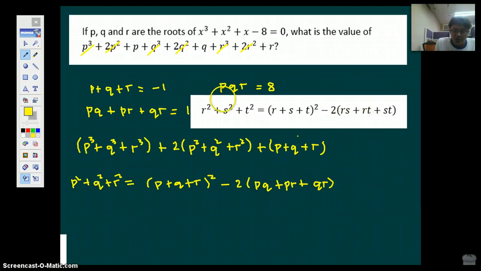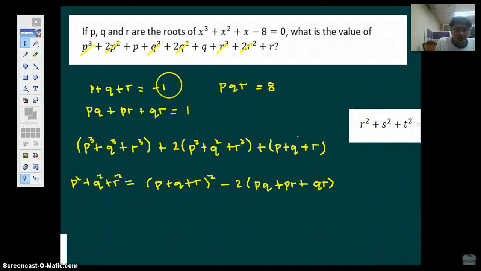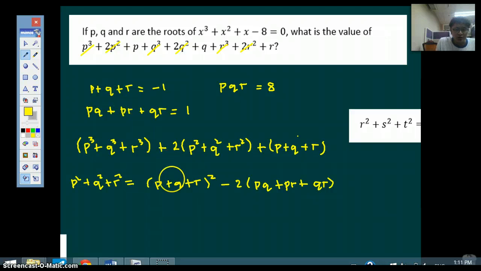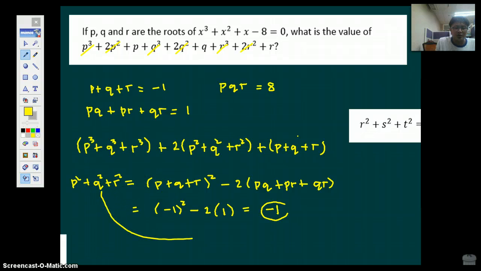And notice again that these are the values that we have set up earlier. P plus q plus r is negative 1, so this is simply negative 1 squared minus 2 times pq plus pr plus qr, that's 1. So this is simply 1 minus 2, or negative 1. So p squared plus q squared plus r squared is negative 1.